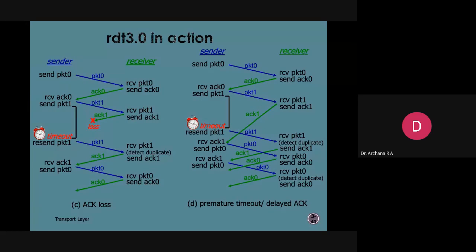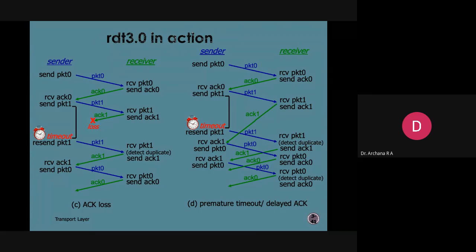It detects the sequence number which already exists, so it discards the packet. This is called the premature timeout or the delayed acknowledgement.